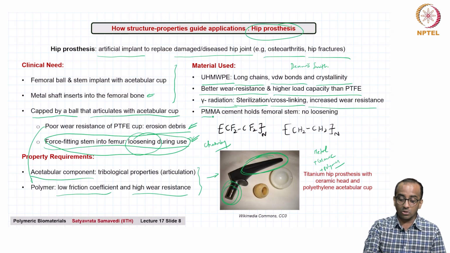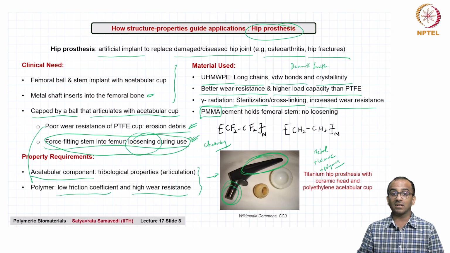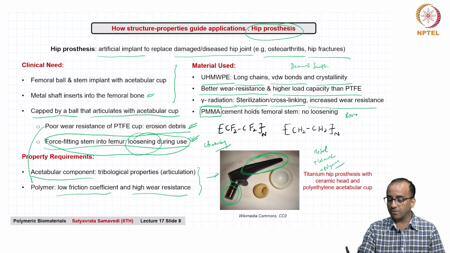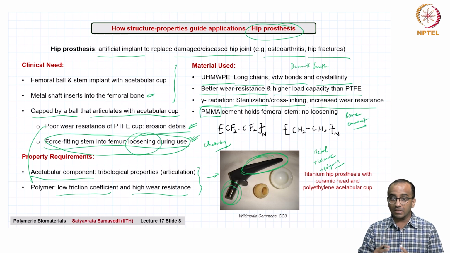That eventually led to the use of polymethyl methacrylate for holding the femoral stem in place, which led to not much loosening with time. This is what you would call today bone cement. So you literally cement the stem into the femur such that the patient will not have loosening with active usage.